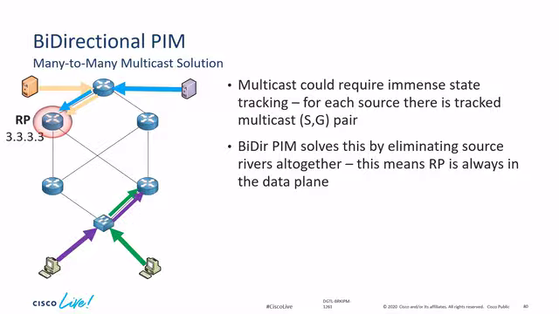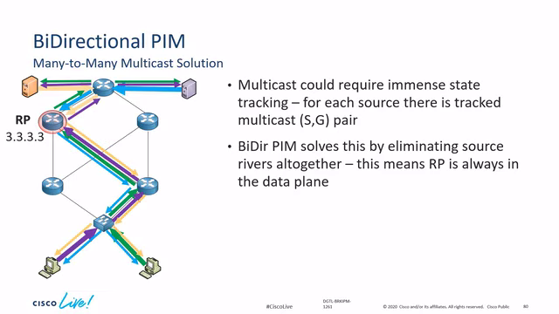So what bidirectional PIM attempts to do is to solve that state tracking problem by simply getting rid of tracking altogether, of sources specifically. So we don't do source tracking. Instead, what we do is place the rendezvous point in the data plane.